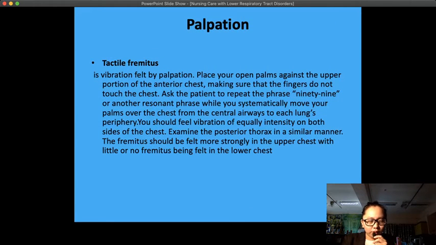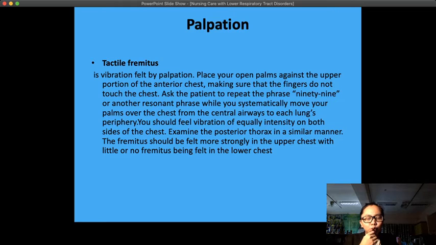So palpation. Tactile fremitus is vibration felt by palpation. Place your open palms against the upper portion of the anterior chest, making sure that the fingers do not touch the chest. You will say 99, 99, 99. When you feel that kind of vibration, that is the resonance in the lungs.